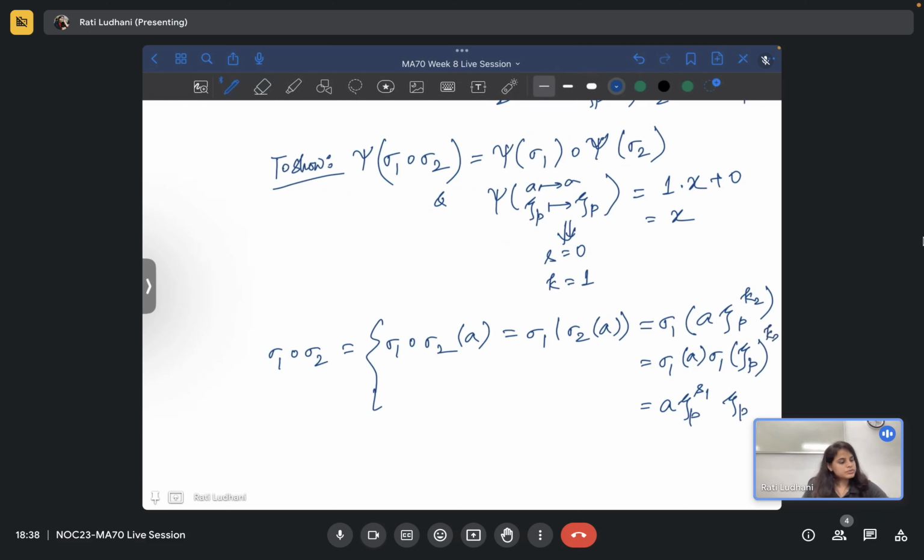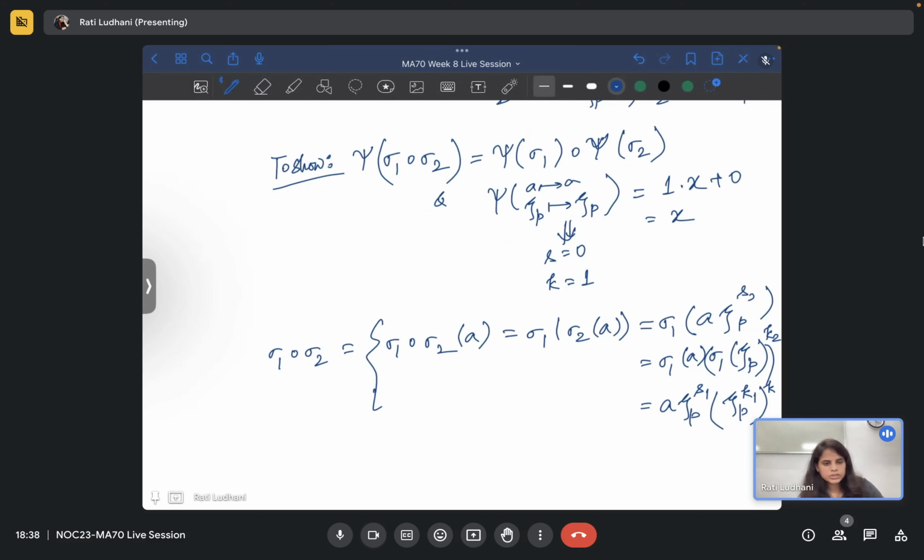So sigma 1 of zeta p is equal to zeta p raised to power k1, and this is power k2. Or have I written it wrong? Oh, this is s2.